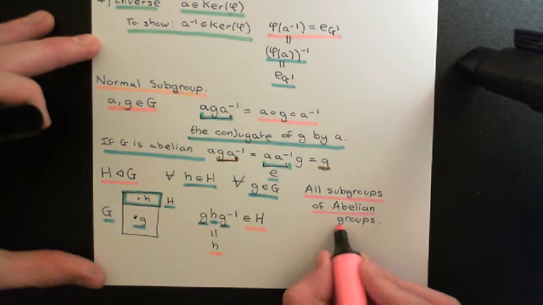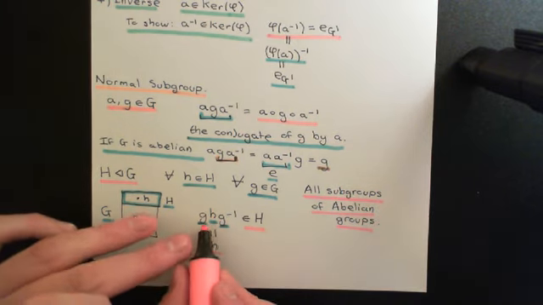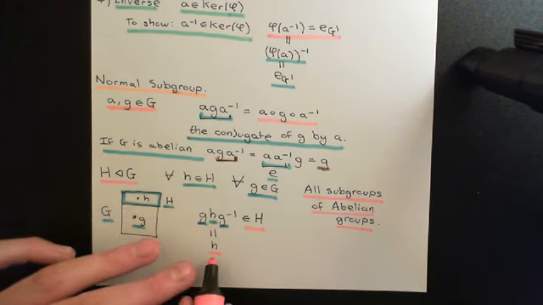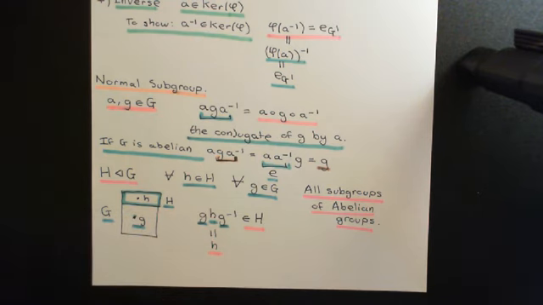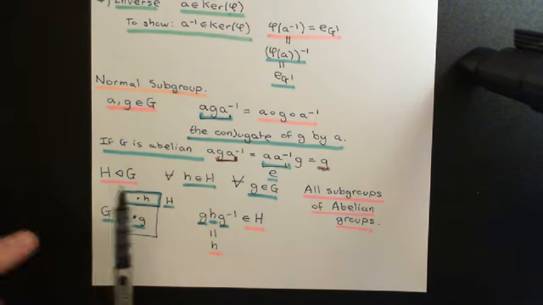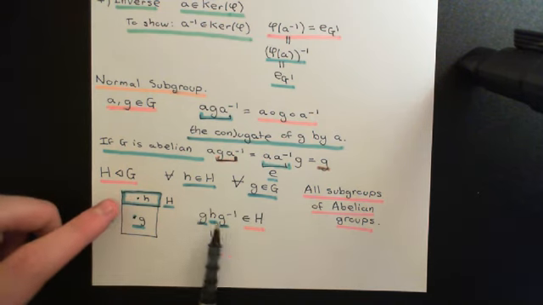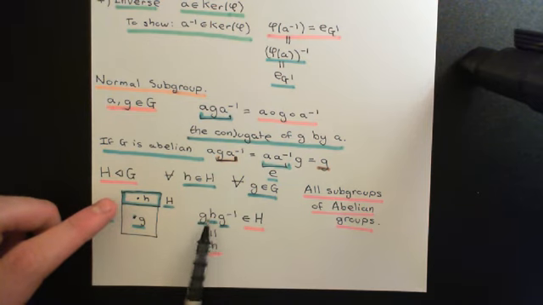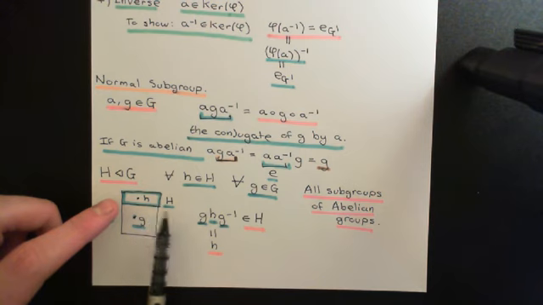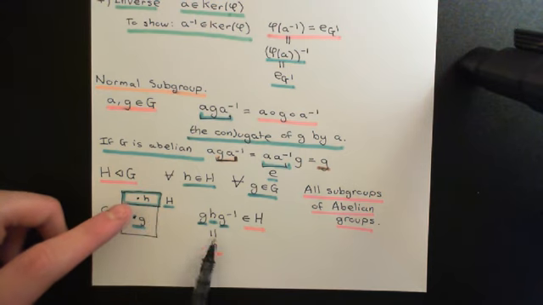Indeed, it's not the case that g h g inverse will equal little h for all little g and little h. So even in the case of a normal subgroup in a non-abelian group, when you take this conjugate g h g inverse for some element little h within the normal subgroup, it's not necessary that it will end up as little h.